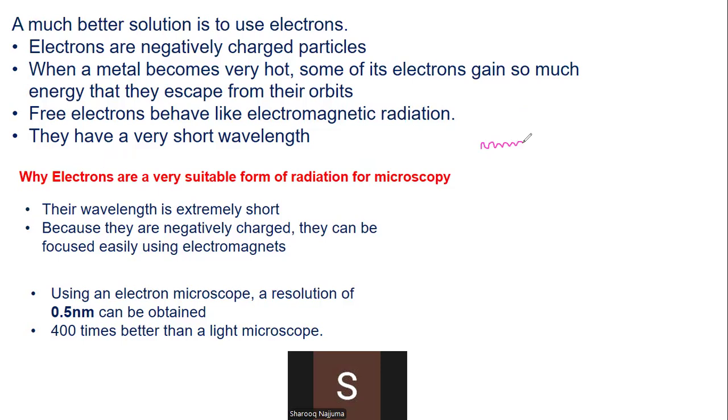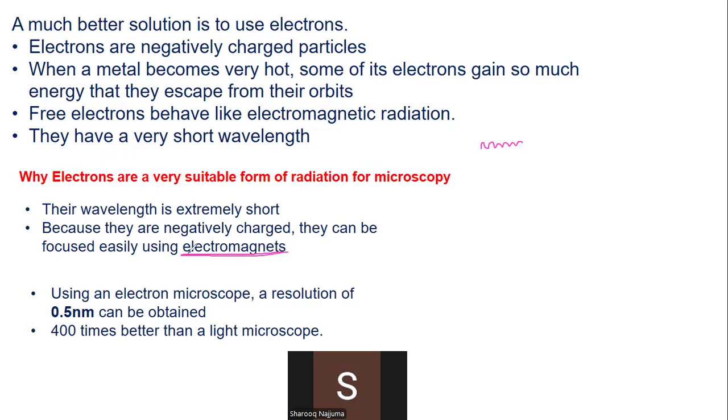You could find a question asking you, why is it that electrons were a very suitable form of radiation for microscopy? The first answer that should come to your mind is that their wavelength was extremely short. And then because they are negatively charged, they could be focused using electromagnets.